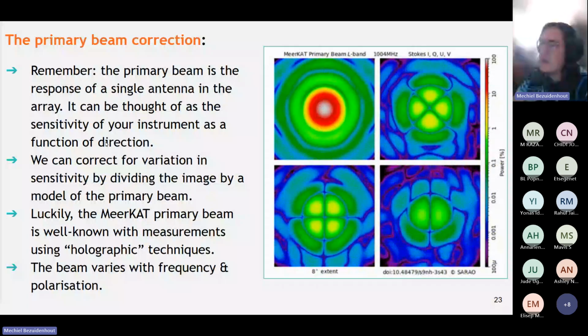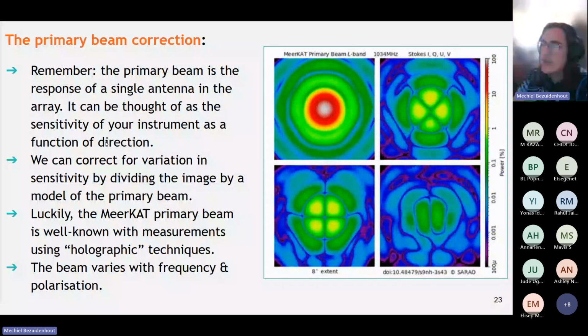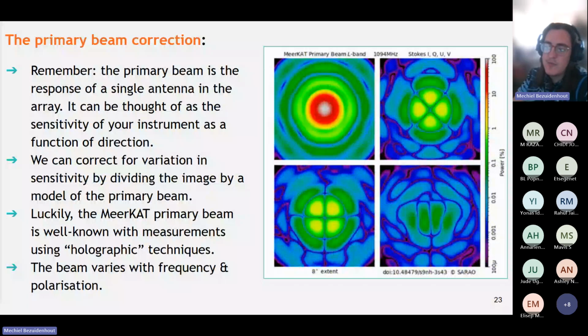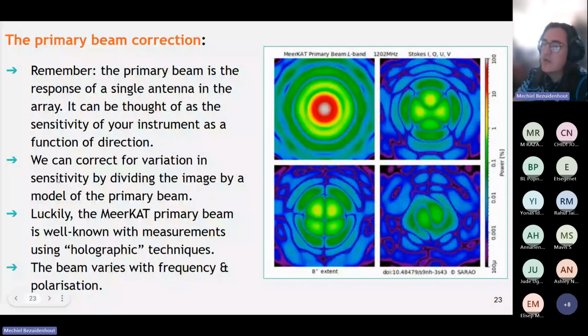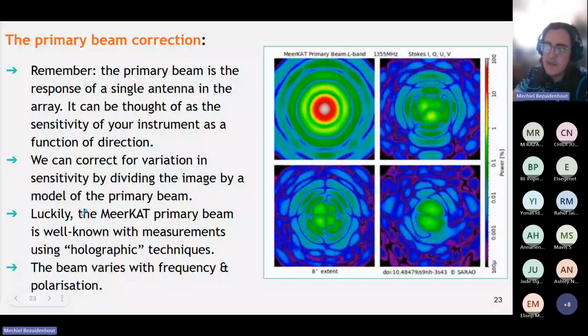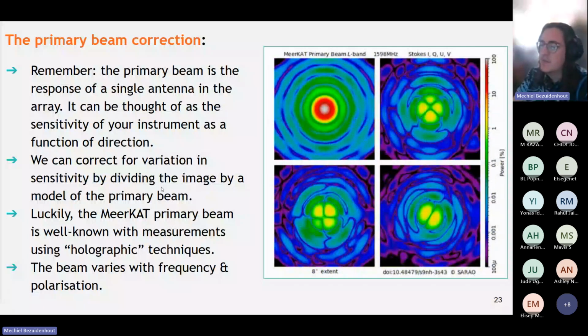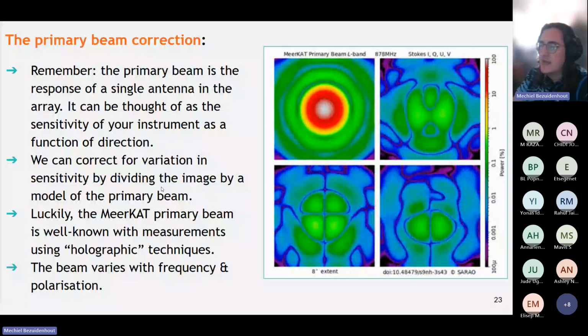Luckily, you can correct for this variation in sensitivity by dividing the image by a model of the primary beam. And the MeerKAT primary beam, and most telescopes' primary beams, are well known using measurements, using holographic techniques. They physically measure what the response of the telescope looks like using some special techniques.